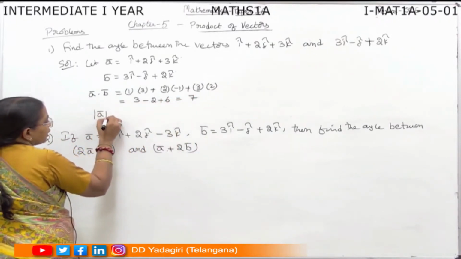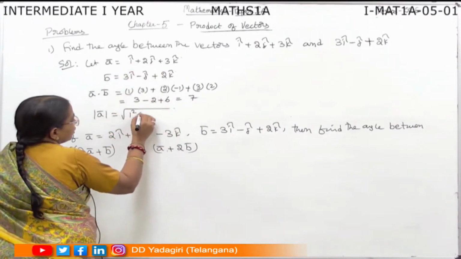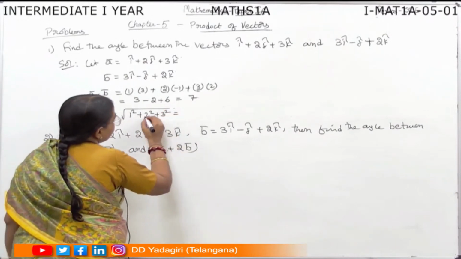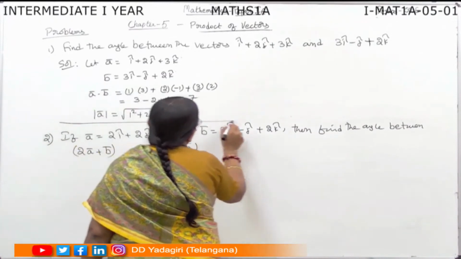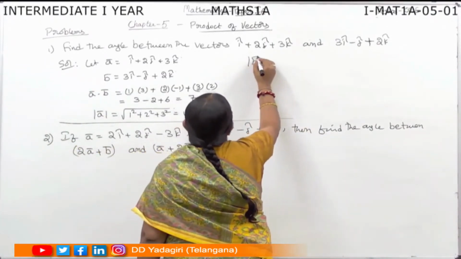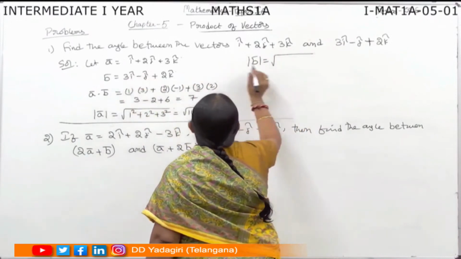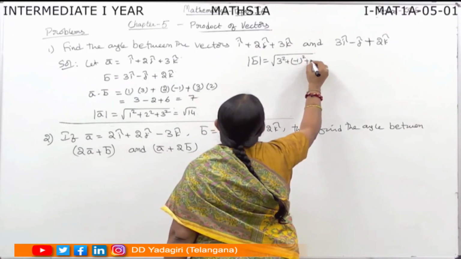Now find mod A. Mod A is root of 1 square plus 2 square plus 3 square, which is root 14. Okay, next we'll find mod B. Mod B is equal to root of 3 square plus (minus 1) whole square plus 2 square.